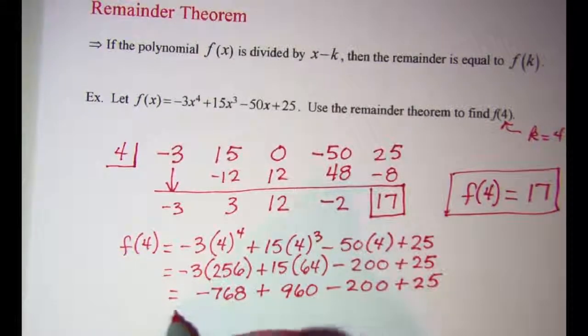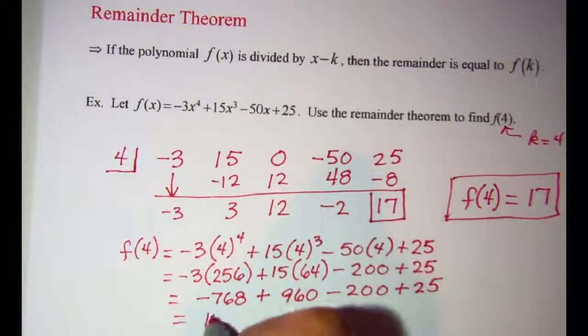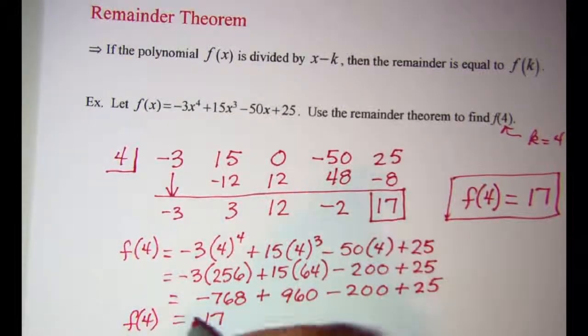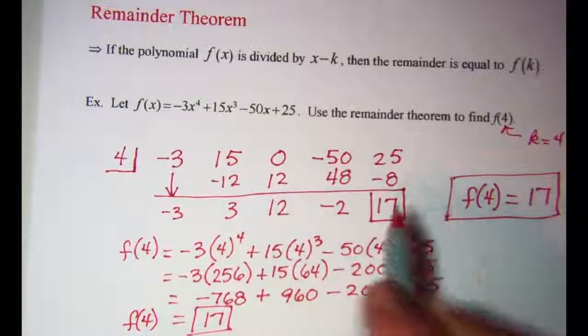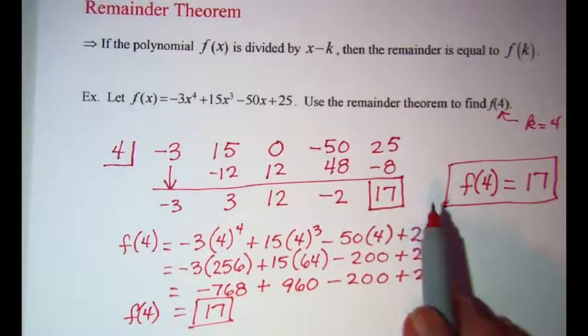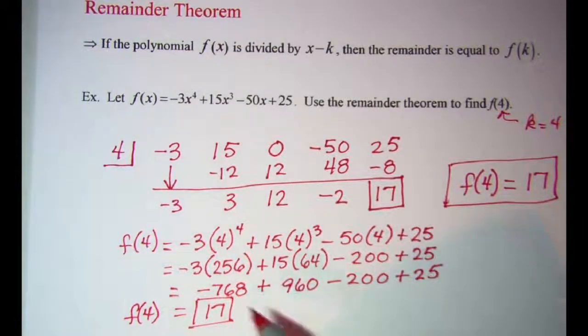And when we do the math here, we get 17. So we see that, yes, f of 4 is 17. But the synthetic division method for finding that was a lot less painful than direct substitution.